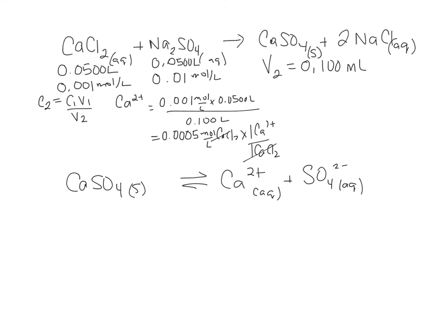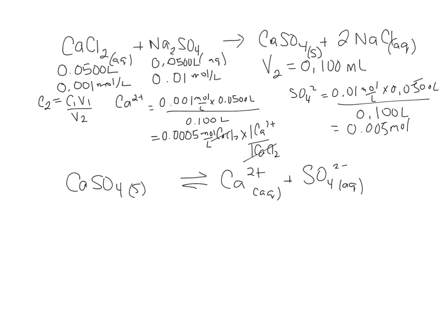Do the same thing for sulfate. We have 0.01 times 0.05 divided by the new total volume. So this is equal to 0.005 moles per liter. Again, this is for sodium sulfate.